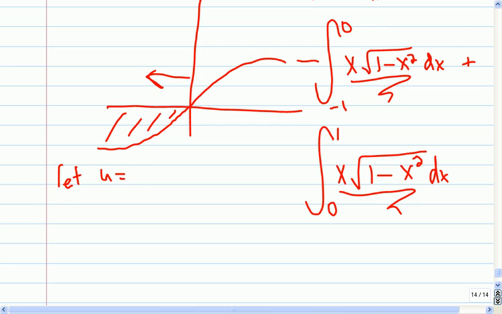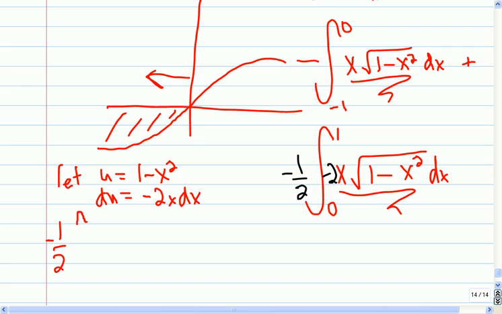Let u equal 1 minus x squared. Du is -2x dx. So to do this integral, I would have to put a -2 here. So I'll have to put a -1/2 in the front. So that means I'm going to end up with -1/2 the integral, and for this piece here, it's just going to be root u du, and my bounds need to change.